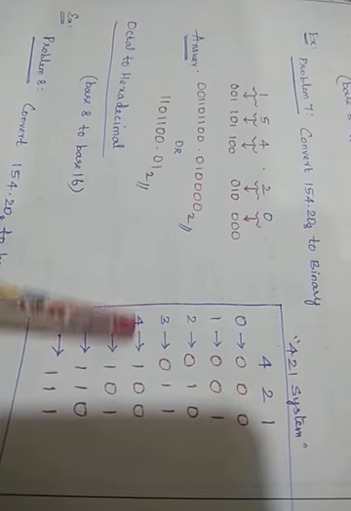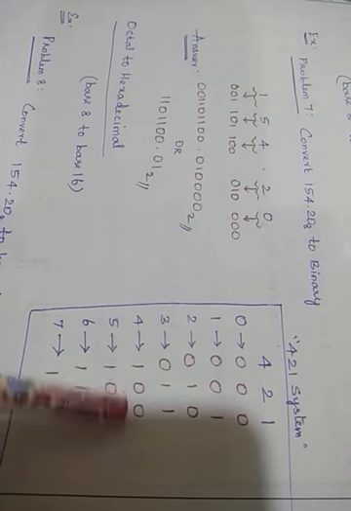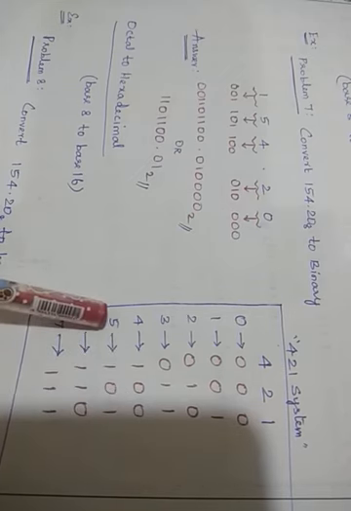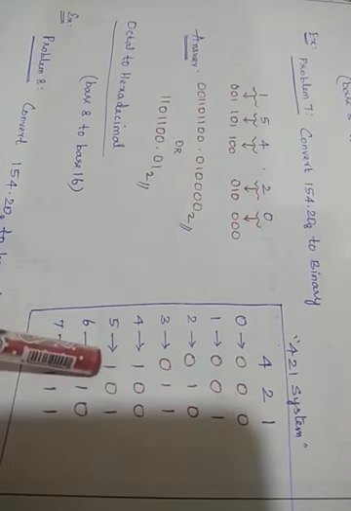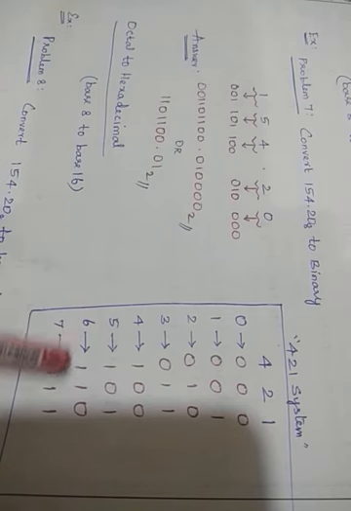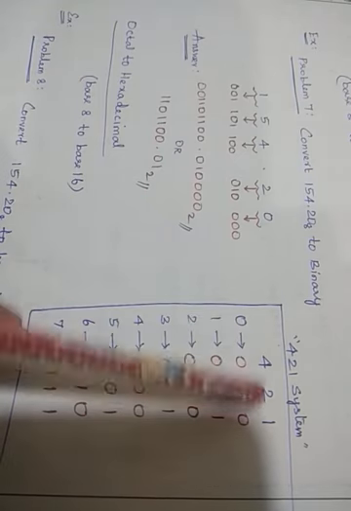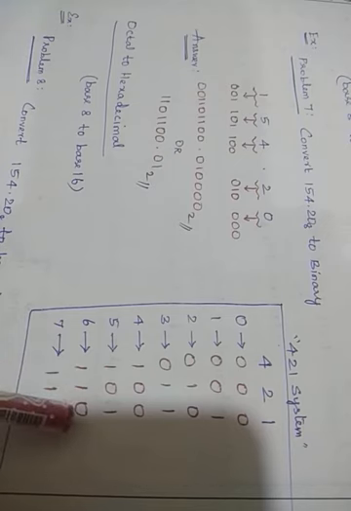Then for 4, yes, I have 4 here. So put 1, remaining zeros. For 5, 4 and 1 is 5, right? So put 1 here, 1 here, remaining is 0. And for 6, 4 and 2 is 6. So put 1 here, 1 here, remaining 0.